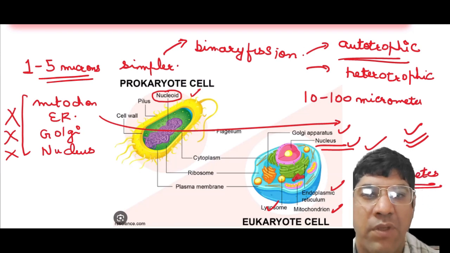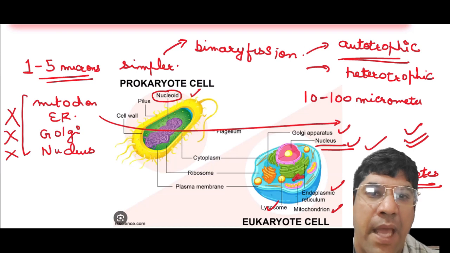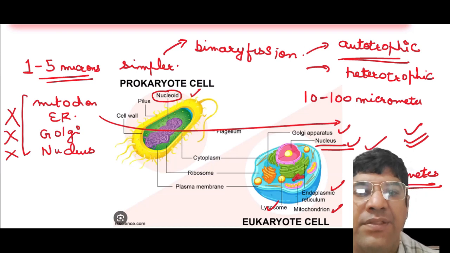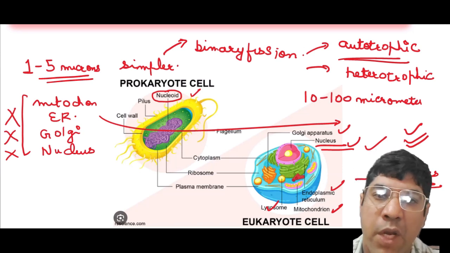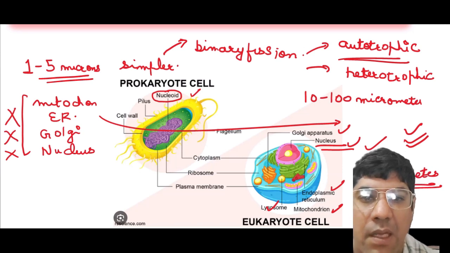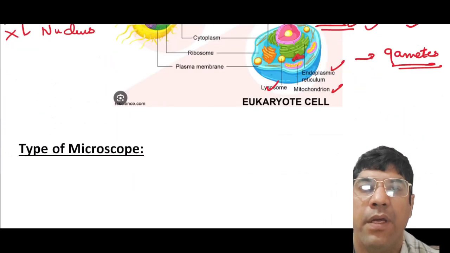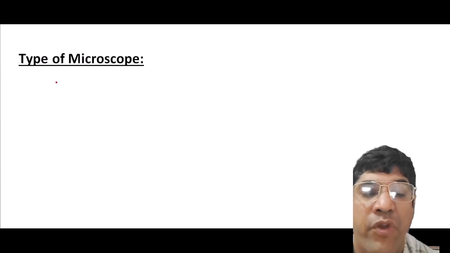Eukaryotes involve a diverse range of organisms like animals, plants, fungi, etc. So these are some of the key differences between prokaryotes and eukaryotes that you have to remember for your exam.